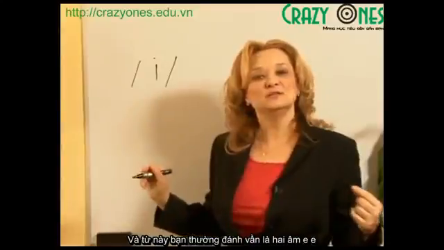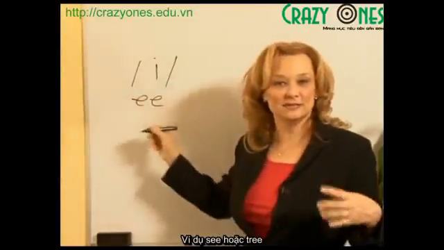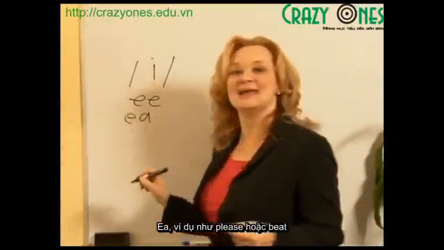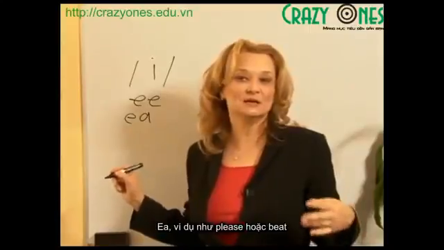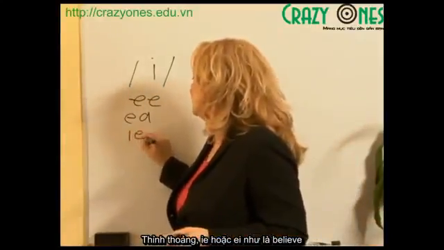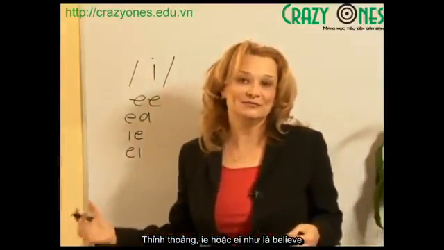And these words are usually spelled with a double E, for example, see or cheese, or EA, as in please or beat, or sometimes IE or EI, as in believe.